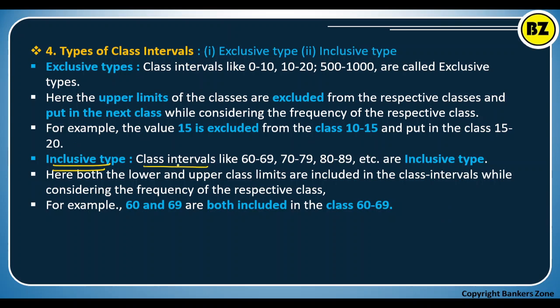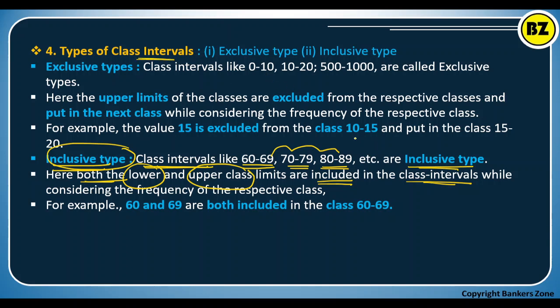See, inclusive class intervals are like 60 to 69, 70 to 79, 80 to 89, which means continuous. Inclusive means both the lower as well as the upper class limit are included in the class interval. Exclusive means you are excluding it.